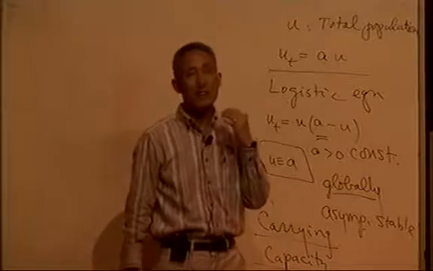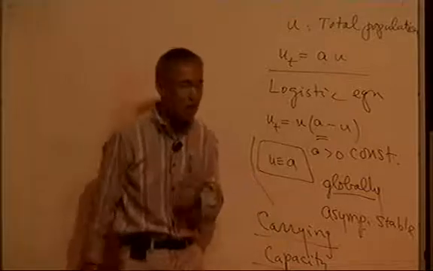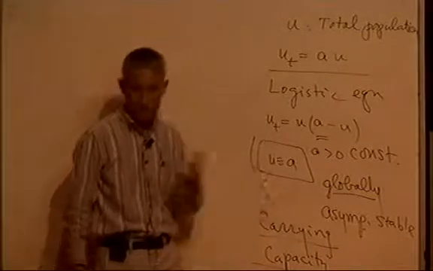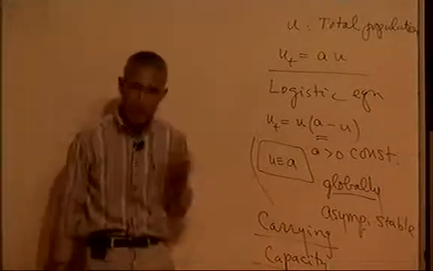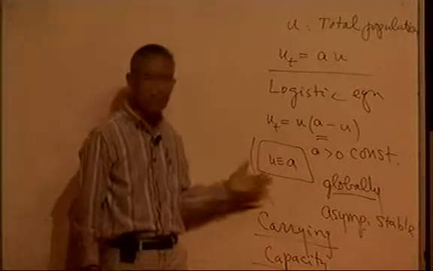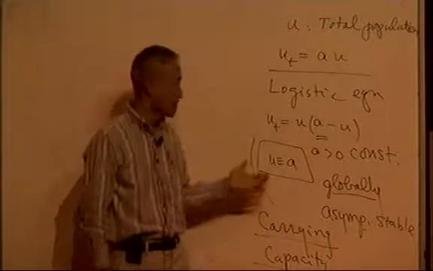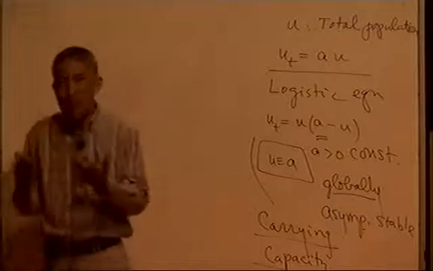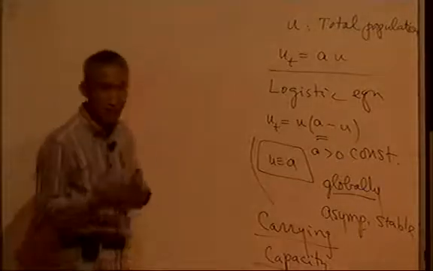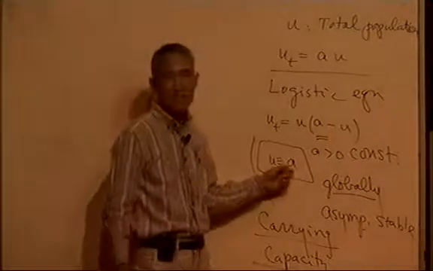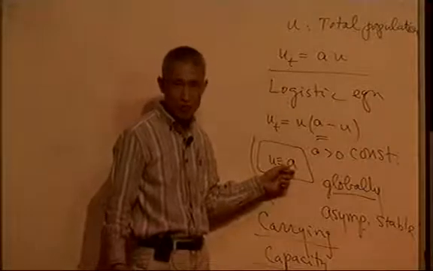It cannot support more population than A. Given a habitat, there's always a limit, right? And A means that it's the carrying capacity of the domain. The habitat, the domain, can at most support the species of total population A.